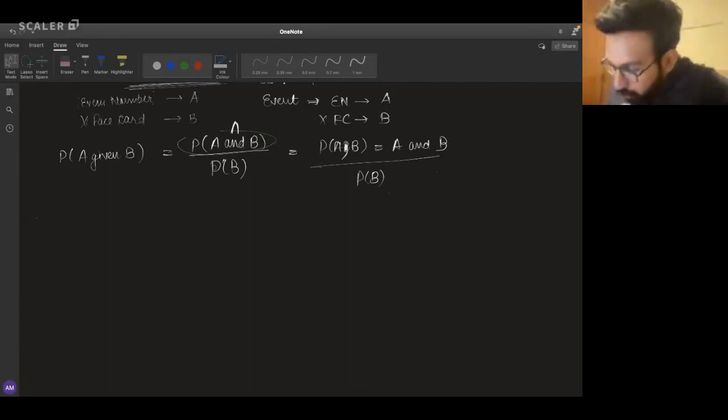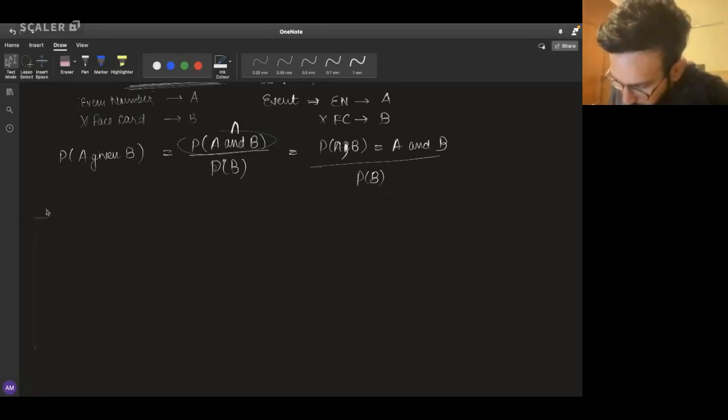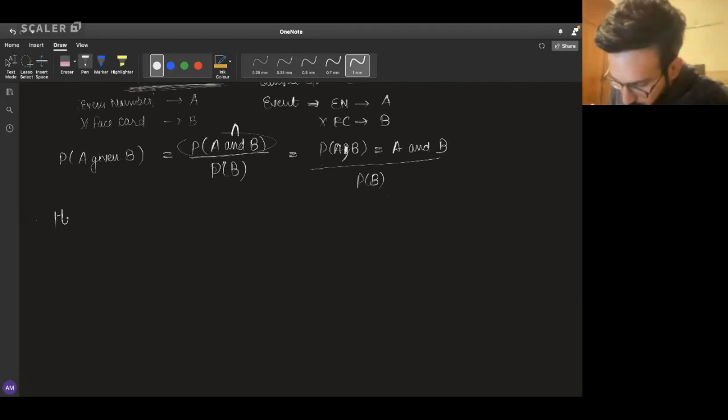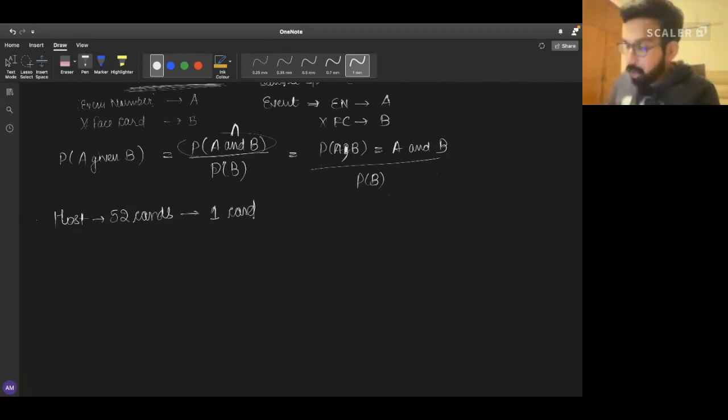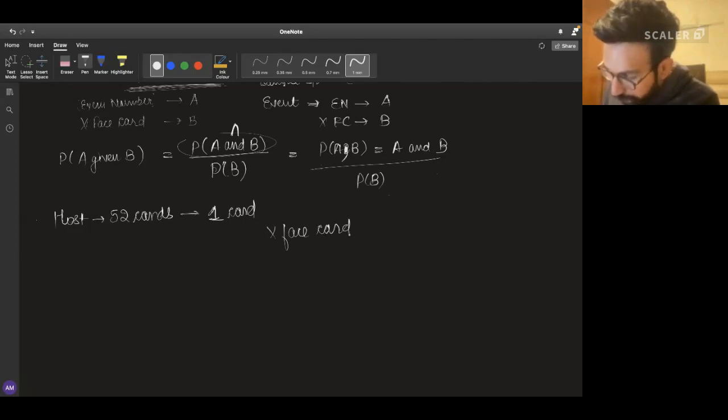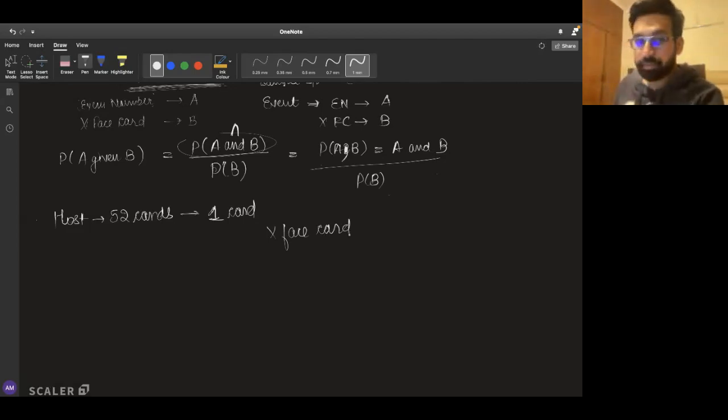Or you can think of it this way. There is a host who has a deck of 52 cards, and he's going to take out one card. After taking out that card, he has not shown you the card, but he tells you that it's not a face card.